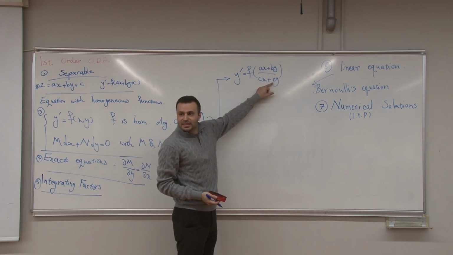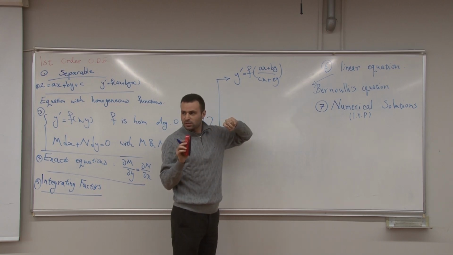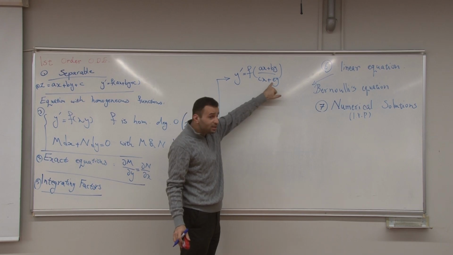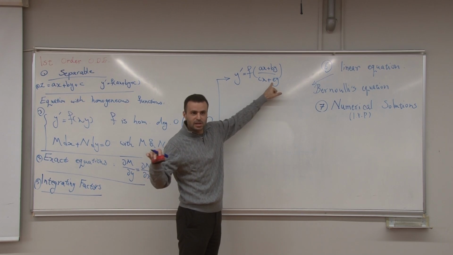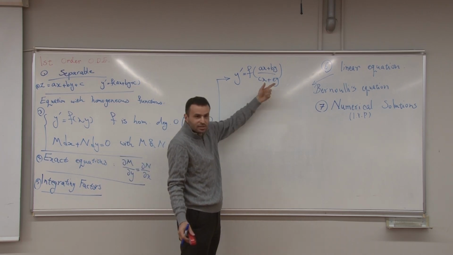I'm not writing d because dy may be confused with the differential of y. That is why I'm using this e. And e is not necessarily Euler's number, 2.71 and the rest. It can be that number, but here it is not necessarily that.